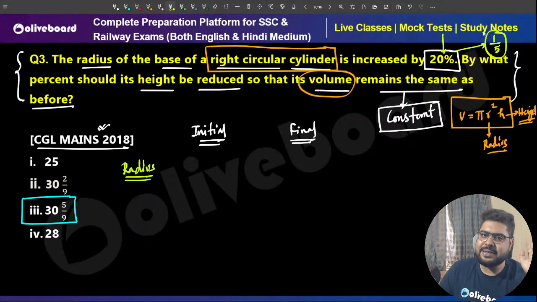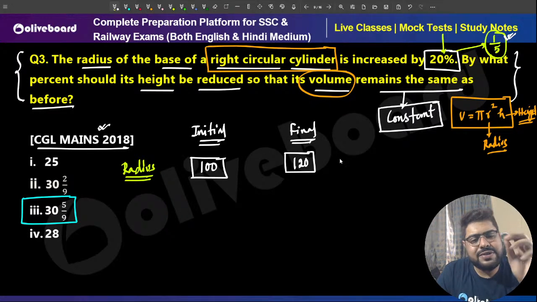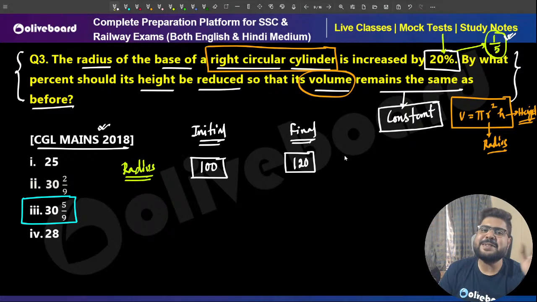So either you can go with this, or you can say that if the initial value was 100, then after a 20% increment the value is 120. But this is not really recommended.